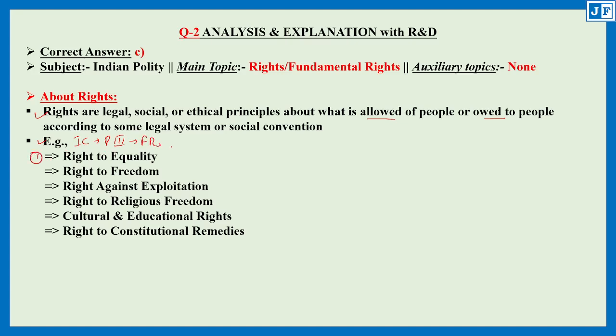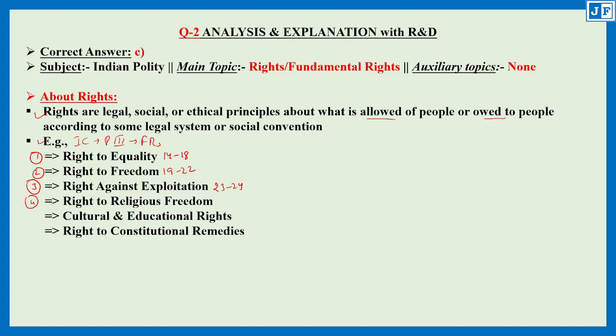Number 1, right to equality from article number 14 to 18. Number 2, right to freedom from article number 19 to 22. Then comes number 3, right against exploitation which is article number 23 and 24.